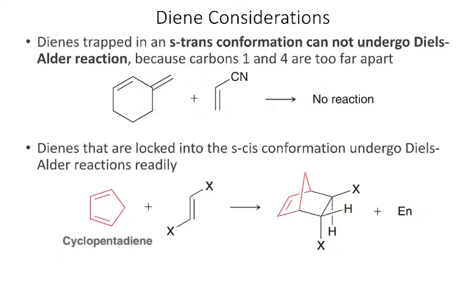On the other hand, if we have a diene that's locked into the S-cis conformation, it readily undergoes the Diels Alder reaction. So here we have cyclopentadiene, right? It can only adopt an S-cis conformation, and so this reaction is very efficient. It's very fast.